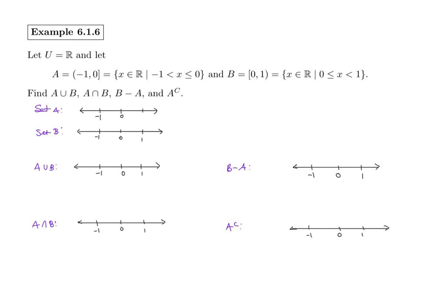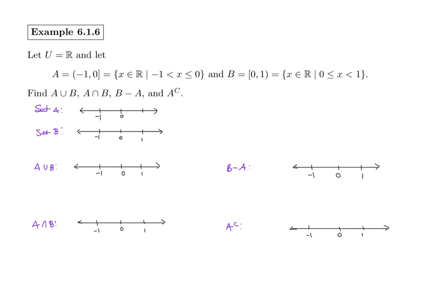And B is the set given by 0, which is included, to 1, which is not included, given in set notation as x is a real number such that 0 is less than or equal to x, which is less than 1. We want to find A union B, A intersection B, the difference of B and A, and the complement of A.